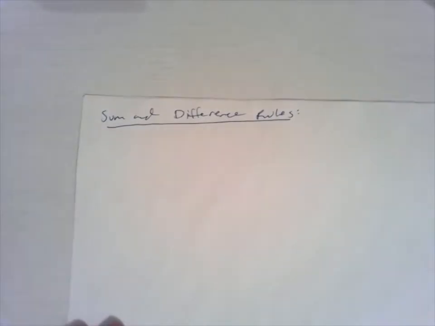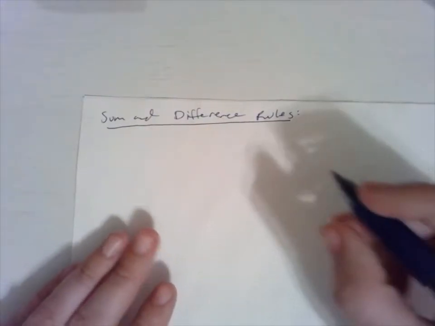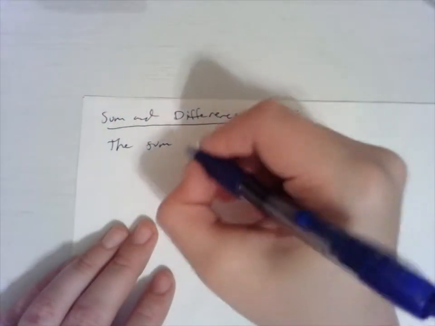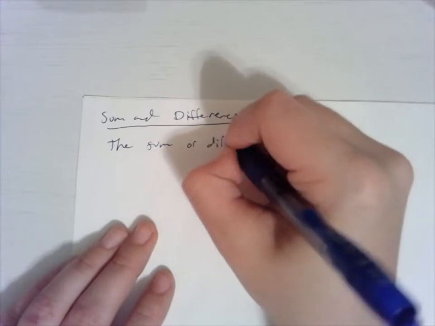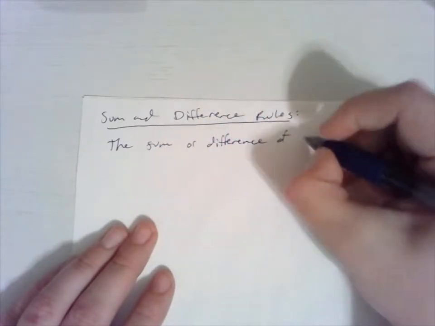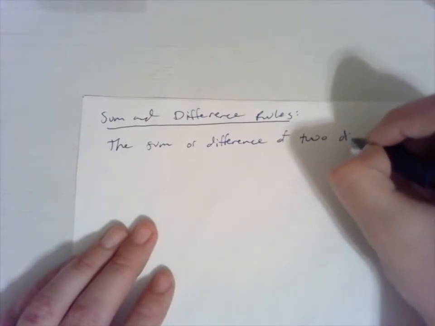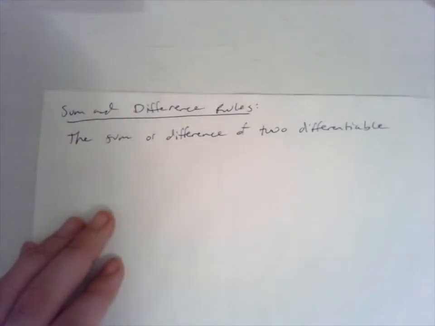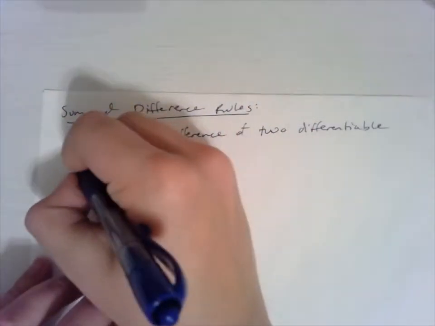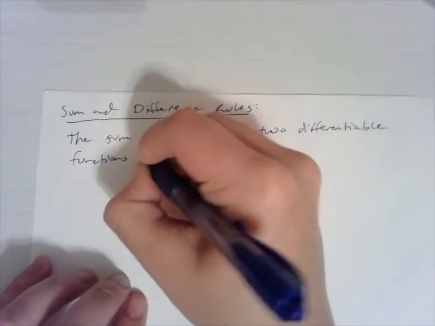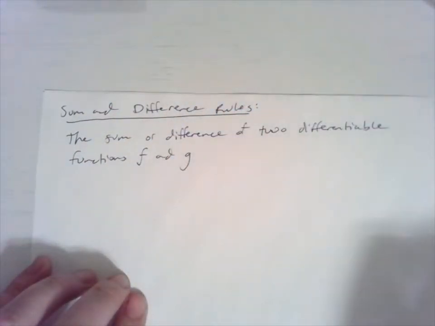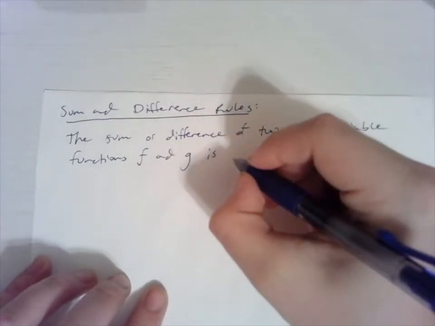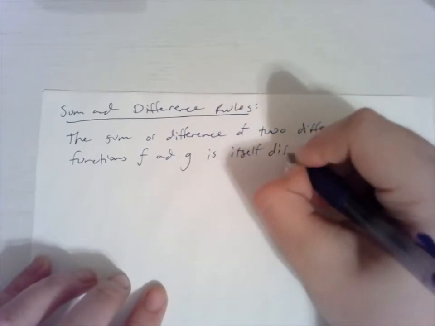And again, let's start off with the formal stuff. So what we're going to say is the sum or difference of two differentiable functions, we'll call them fancy f and g, is itself differentiable.